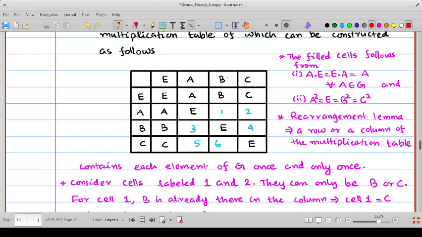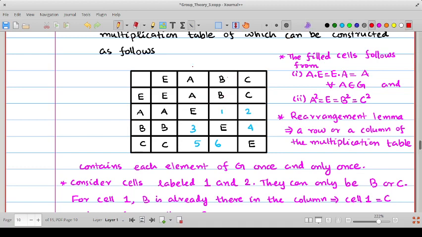The same thing happens for the first row that corresponds to the identity element, because the elements there correspond to the multiplication of the corresponding column labels with the identity element, and therefore they are simply the column labels. So I can repeat this over here and repeat that over there.